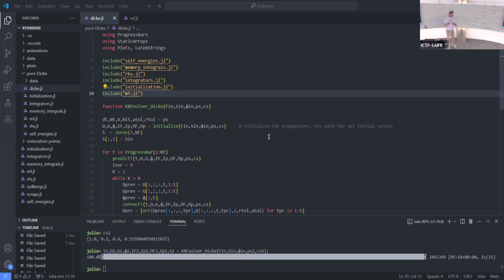The point is that you need at least an infinitesimal explicit symmetry breaking for your Kadanoff-Baym equation, because otherwise, imagine that you have this, so you have this minima.